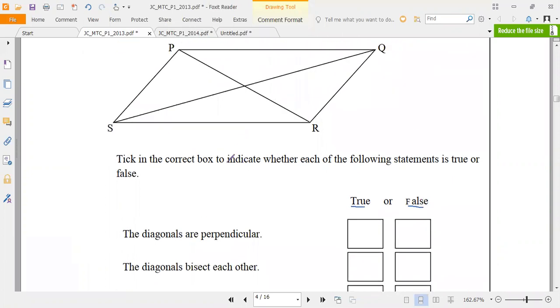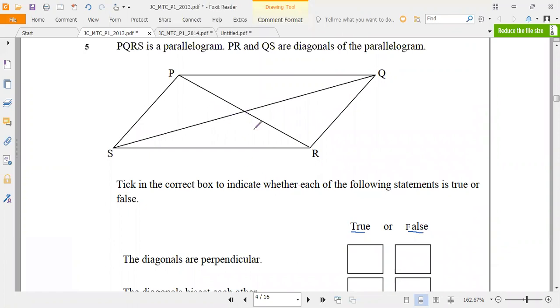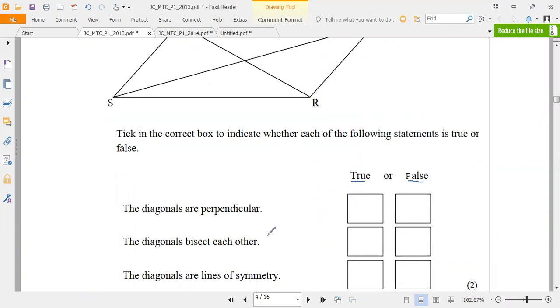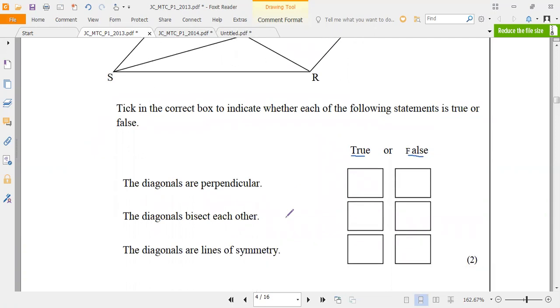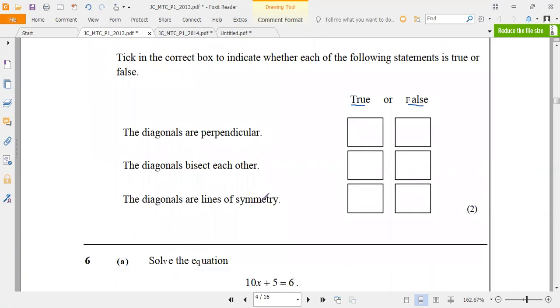They are saying tick in the correct box to indicate whether each of the following statements is true. The diagonals are perpendicular. If you think they are perpendicular, tick here; if you think it's false, tick here. Then the diagonals bisect each other, tick here or here. Then the diagonals are lines of symmetry, tick here or here.